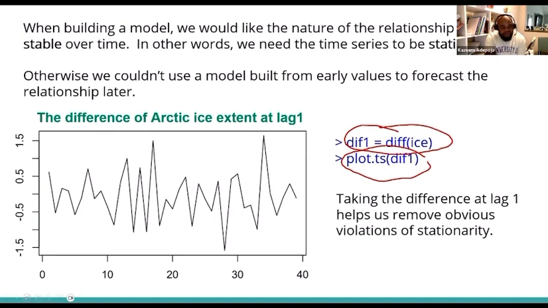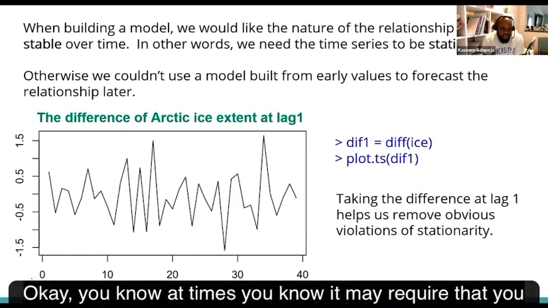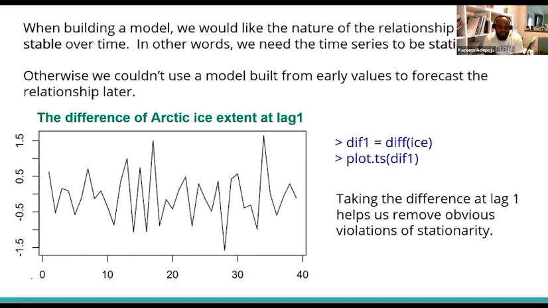Let me tell you this: it is not all the time that differencing at lag one may work. At times, it may require that you go to lag two in your differencing. But right now, this is looking stable, and because it's looking stable, we're going to stop at one differencing.